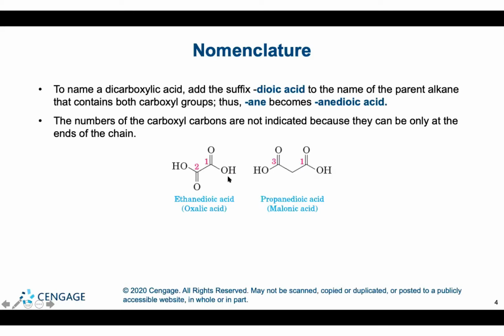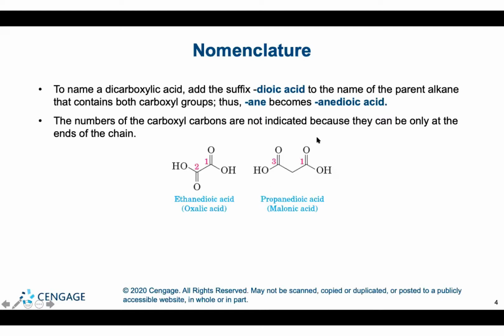So I have 2 carboxyl groups here. To mention it, we should write, so I have 2 carbons as the longest chain, right? 1, 2, so it's going to be ethane, and I should put di here. So it's going to be ethane dioic acid. That's the common name. Oxalic acid is the common name for it.